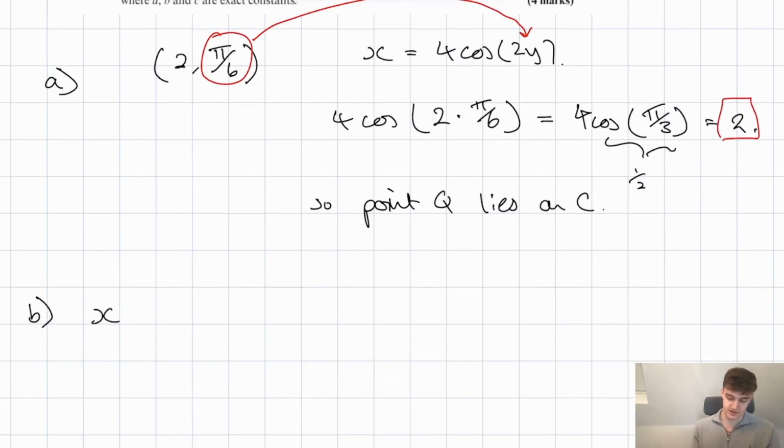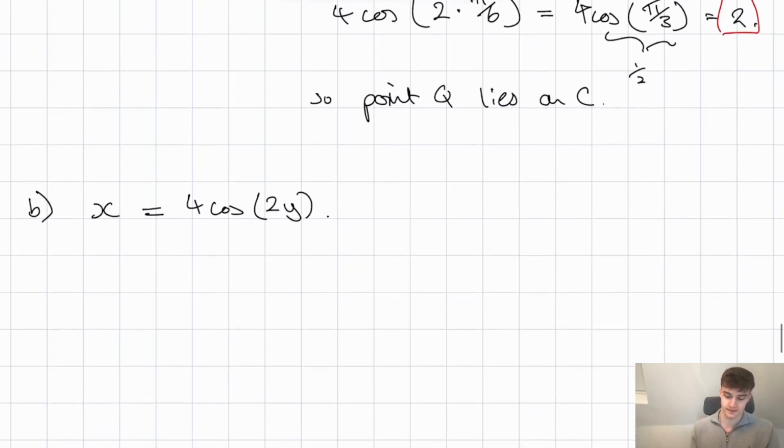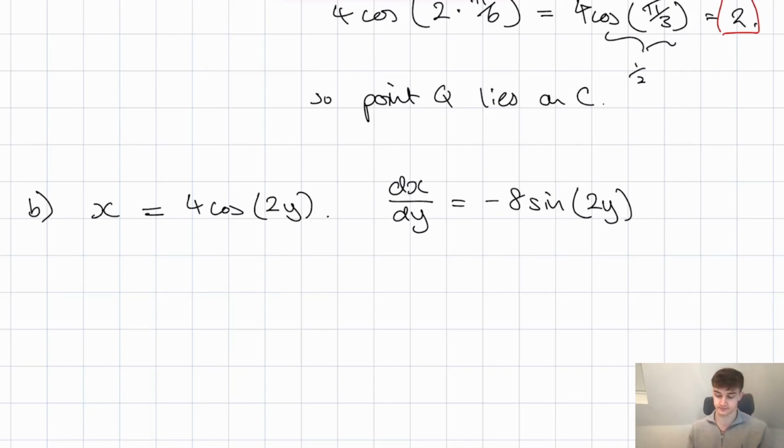So I'll write it out again. X is equal to 4 cos of 2y. Let's find dx dy. That's going to be negative 8 sine of 2y. So remember, I've used the chain rule already there.